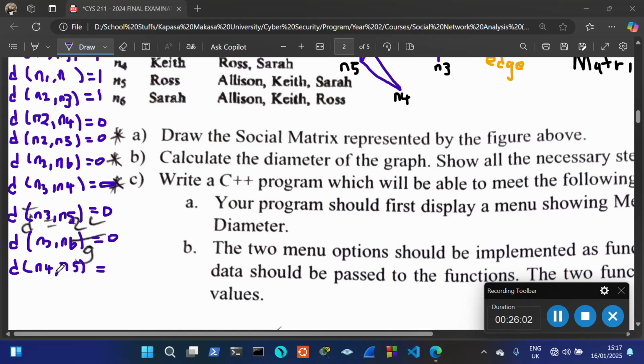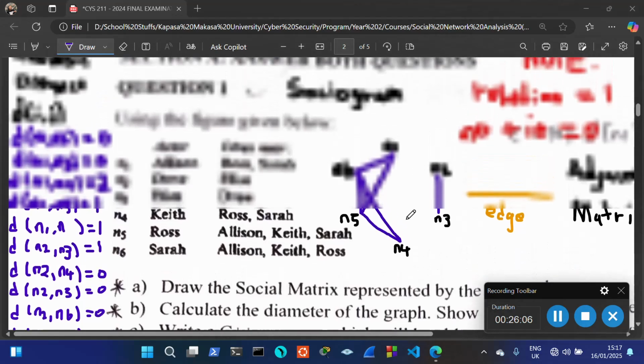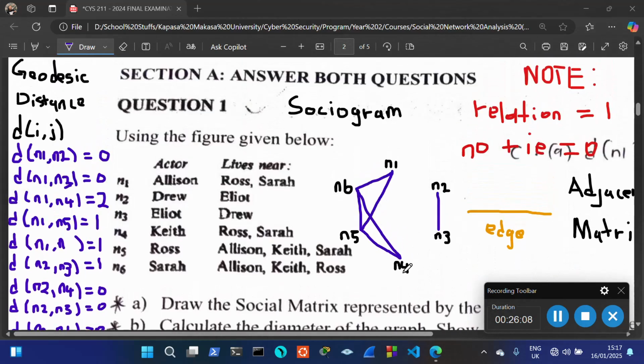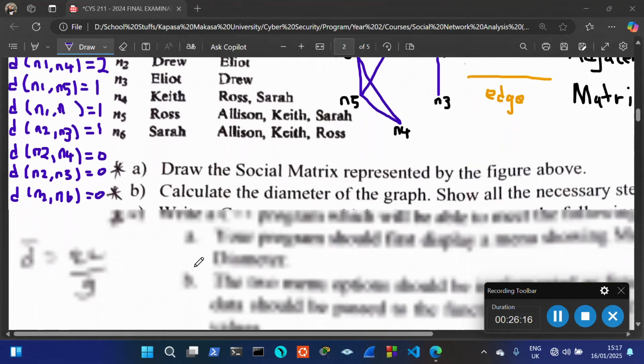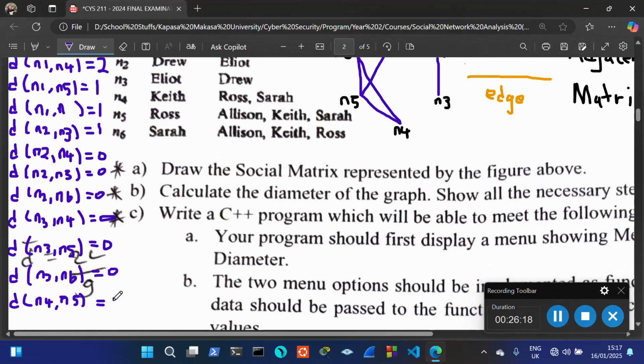Now we come to n4. Since we are targeting n4 now, we start at n5. What's the shortest distance for n4 to reach n5? As we can see, we cannot take this route, which is 1, 2, but we can say 1. So that's the route, and here we say 1. But what's the geodesic distance for n4 to reach n6?